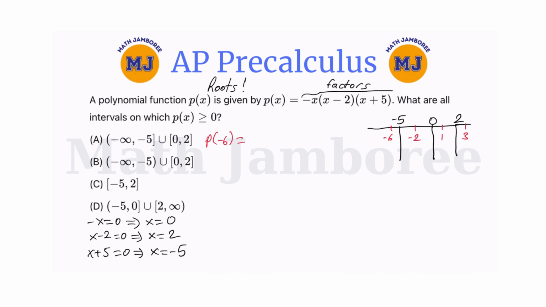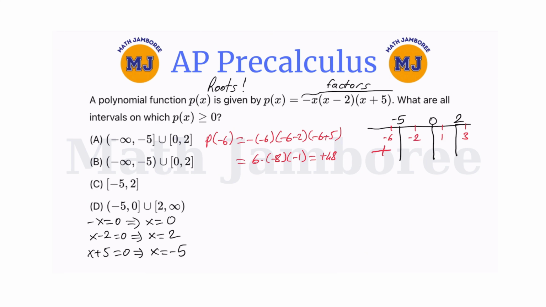So p of negative 6: negative of negative 6, negative 6 minus 2, negative 6 plus 5. This is positive 6 times negative 8 times negative 1, which turns into positive 48, right? So this region is positive.